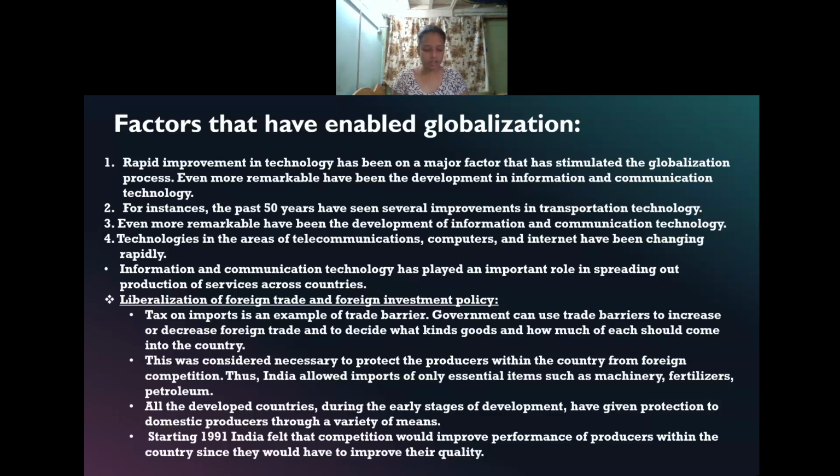This means that goods could be imported and exported easily, and foreign companies could set up their factories and offices here. Removing trade barriers and the restrictions set by the government is known as the concept of liberalization. The concept liberal means free. So for foreign trade, the government of India, after a certain year, removed the trade barriers.